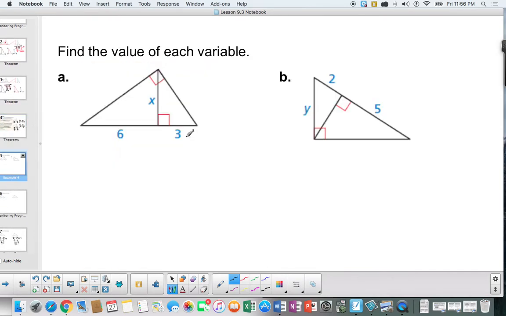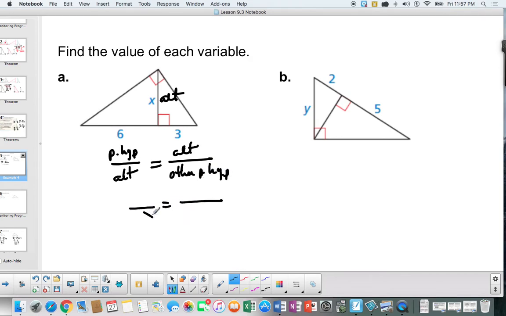I'm going to do this problem. I can see already that this is an altitude, so I'm going to use the altitude theorem. It's called the geometric mean altitude theorem. Altitude, altitude, part of the hypotenuse, other part of the hypotenuse. So I'm going to put x and x here, and then 6 and 3.